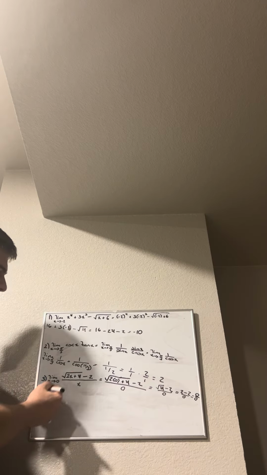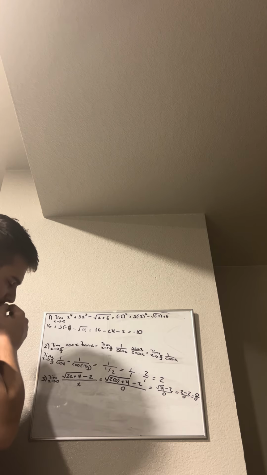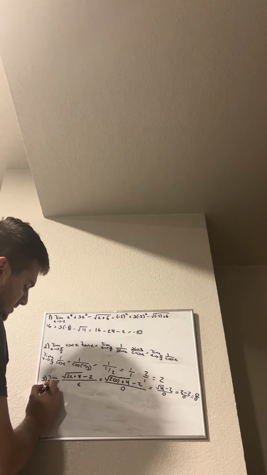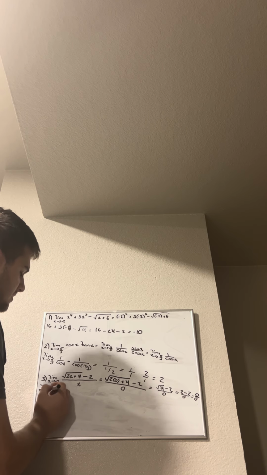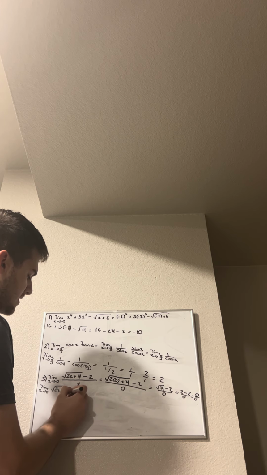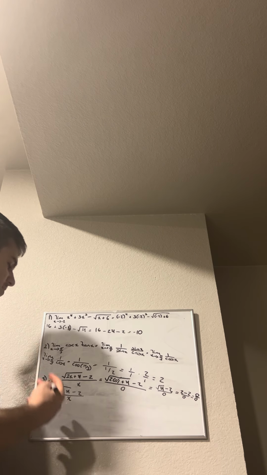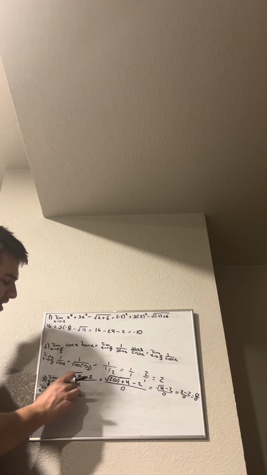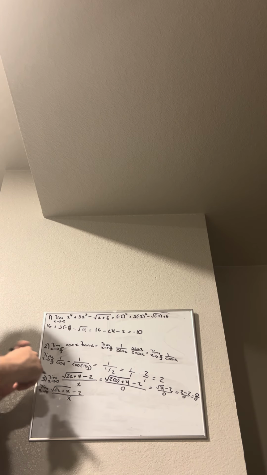So in this case, what we can do is apply the conjugate to this expression. What does that mean? Let's first rewrite the expression: limit as x approaches 0 of root of 2x plus 4 minus 2 over x. Applying the conjugate, you're taking the numerator of the fraction and applying the opposite sign.